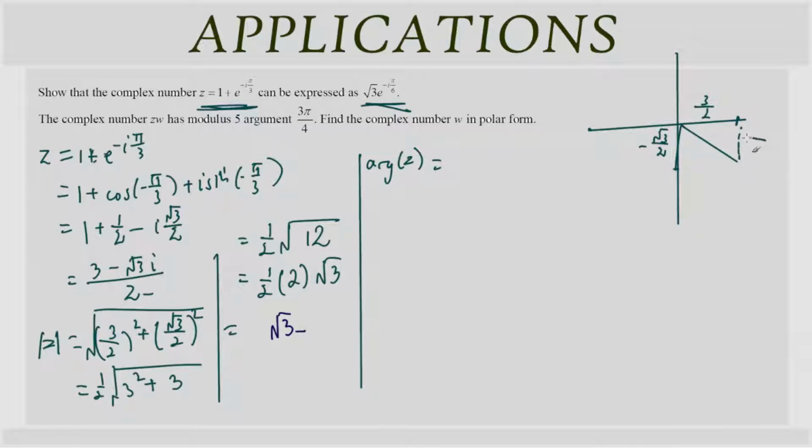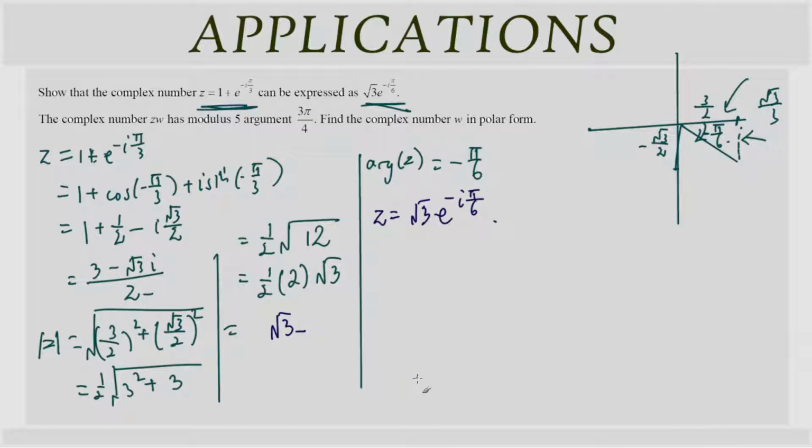Now the tangent inverse of that is equal to pi over 6, and because it's negative, we have argument of z is equal to negative pi over 6. And now with these two values, we can piece together the modulus and the argument of the polar expression of z, and that's root 3 times e to the power of i and its argument, which is negative pi over 6.